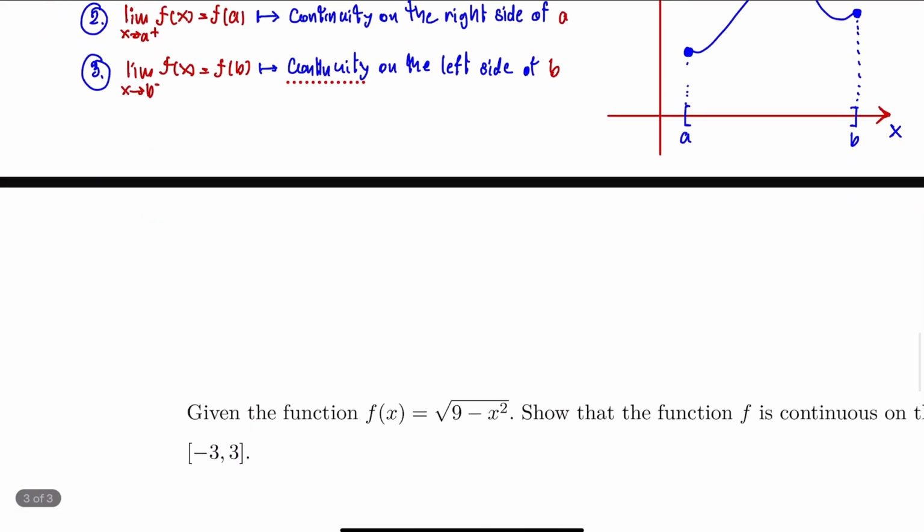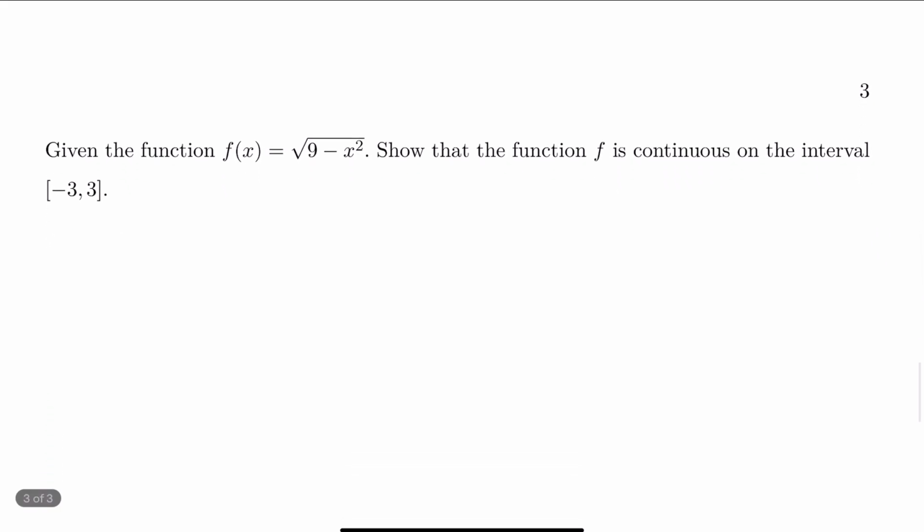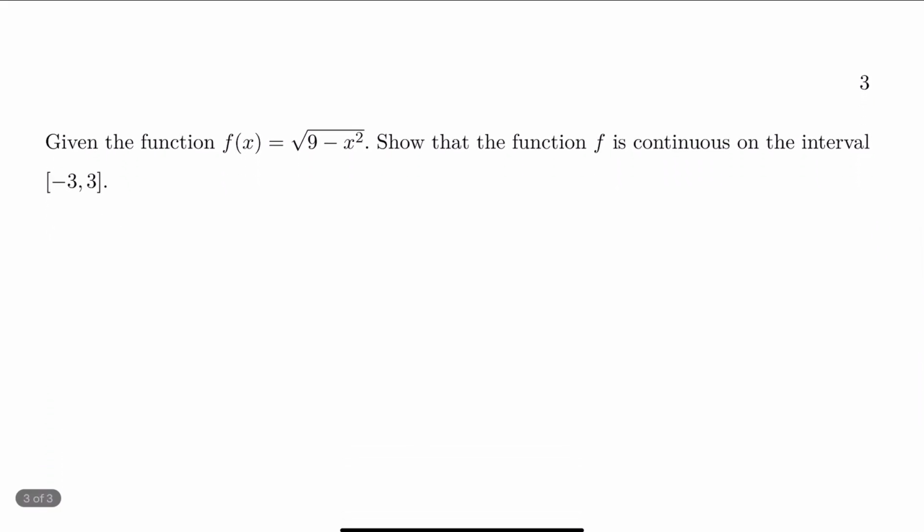Okay, let's go to this problem. Let's start to do this problem. We're trying to show that if f(x) equals the square root of 9 minus x squared, then f is continuous on the closed interval from -3 to 3.